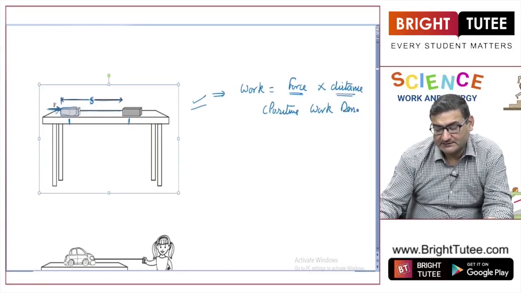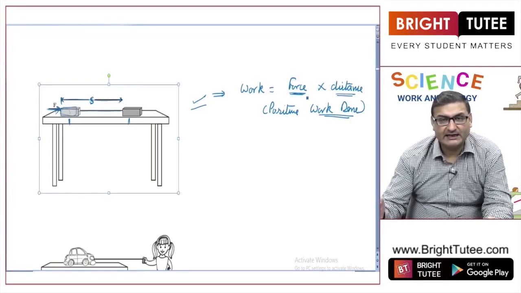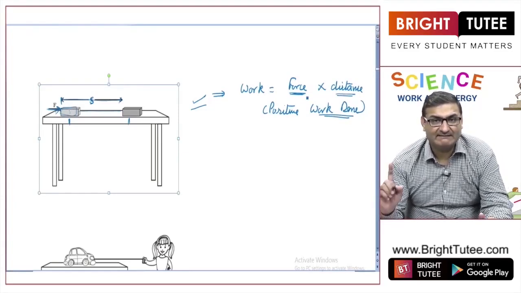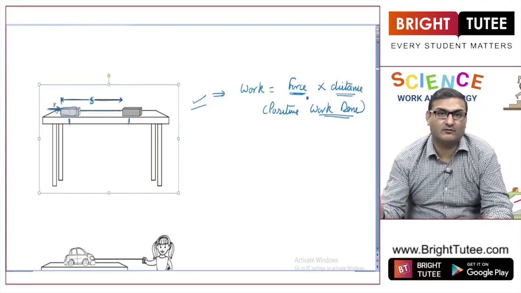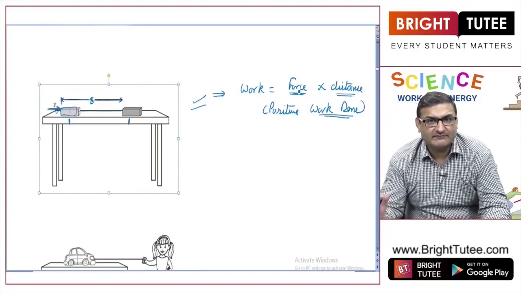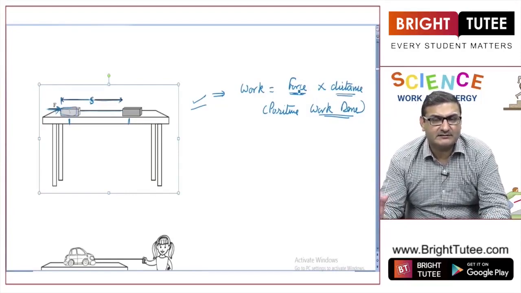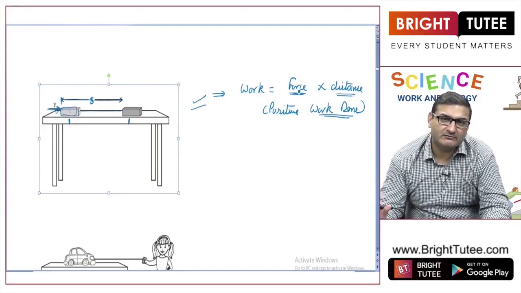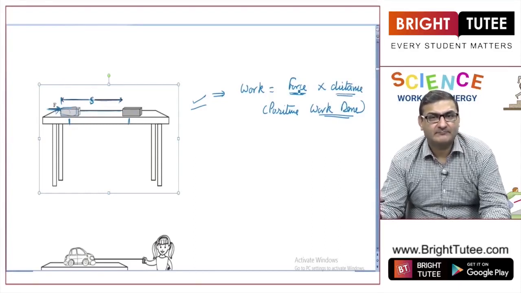Positive work done means work done when force is applied and the object is moving in the direction of force. Try to relate a few cases, few situations where you can see positive work done. For example, kicking the football. The direction in which you will kick the football is going to go in that direction only. That is positive work done, right?